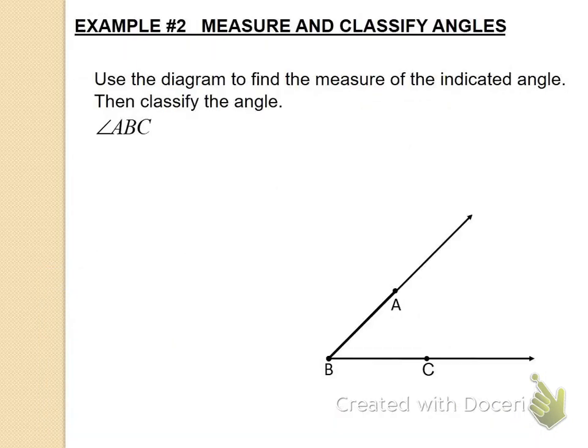All right, so you've got a set of angles there in your notes, most of which look the same up here on the screen, but I think this first one might be a little bit different. Go ahead, stop the video, and find those angle measures, and then classify them, and start it back up. We'll go through all of these and make sure that you're getting the right classification and the right angle measure.